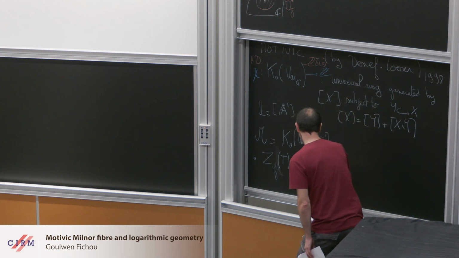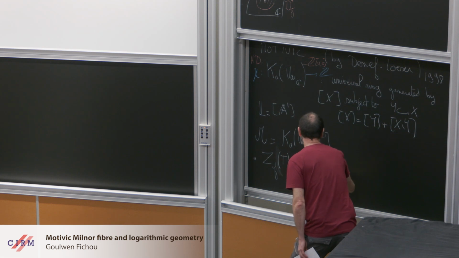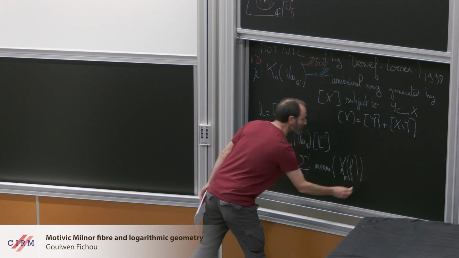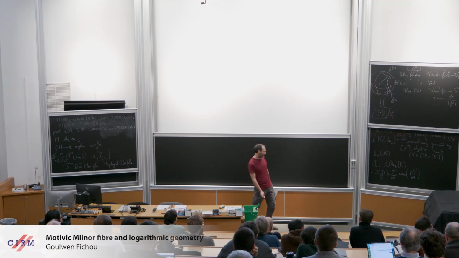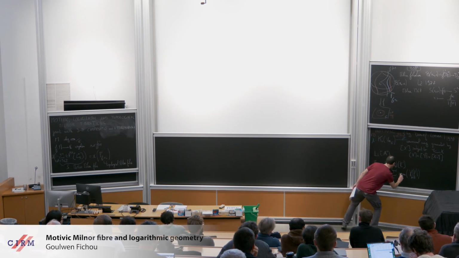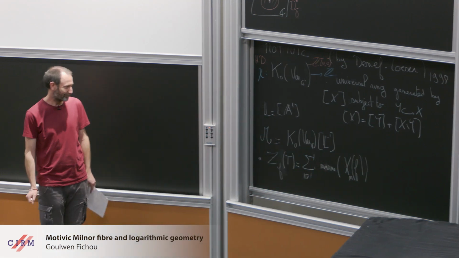So let me write this like, well, some measures of some arc spaces associated to the function around the point. Sorry, this is English. Something like this, maybe.